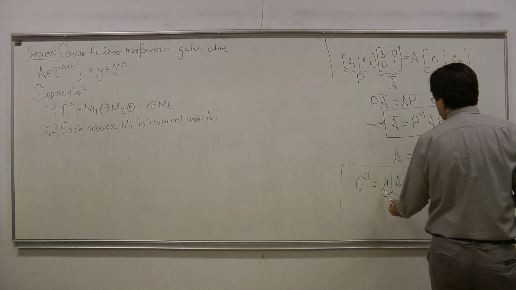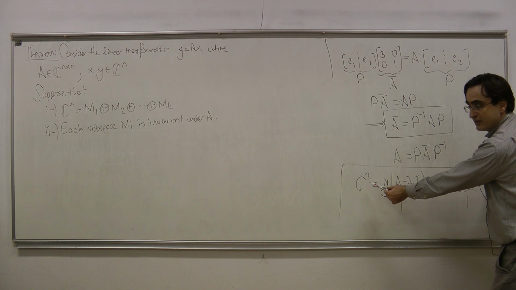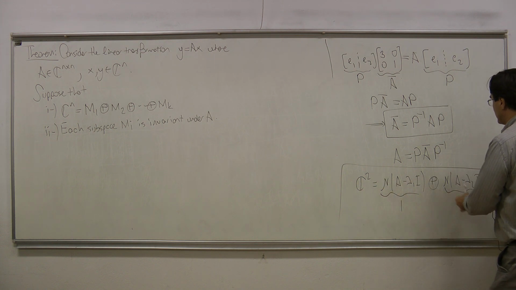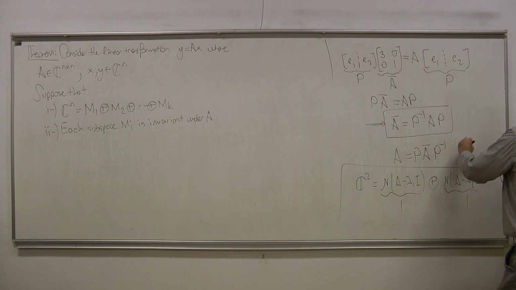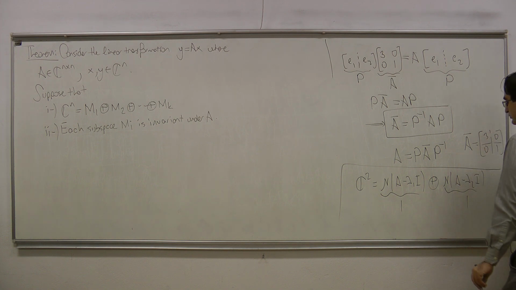In the earlier case, we decomposed C2 into two subspaces, M1 and M2, which are both invariant. And in that case, our A bar was block diagonal with blocks 1 by 1, and the rest equal to 0.